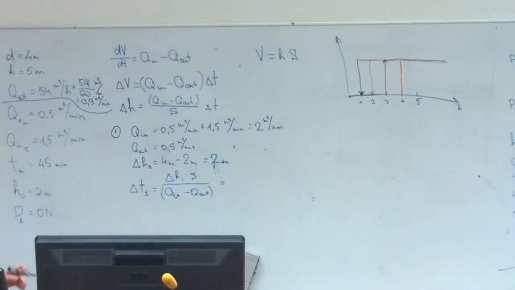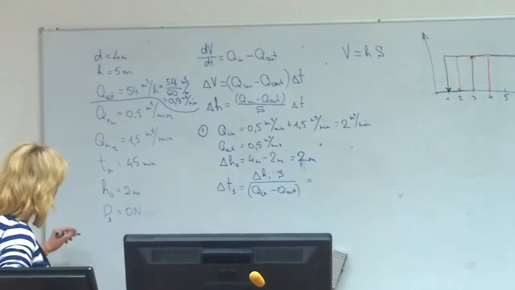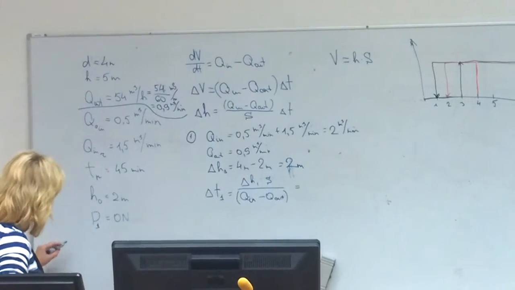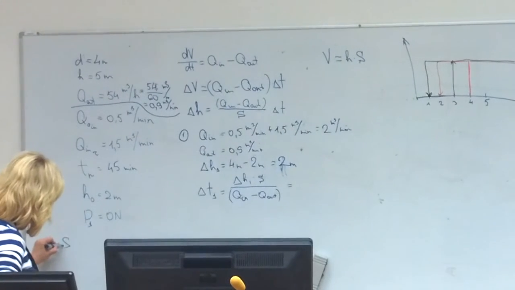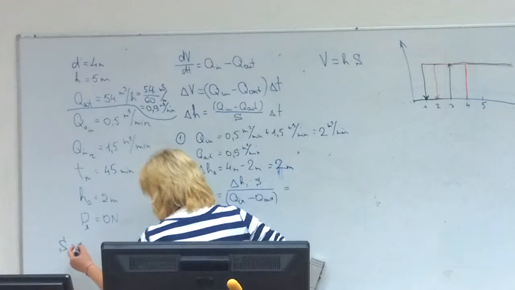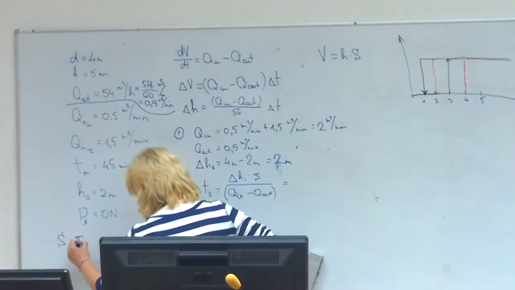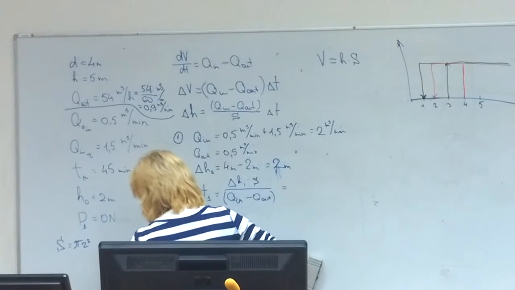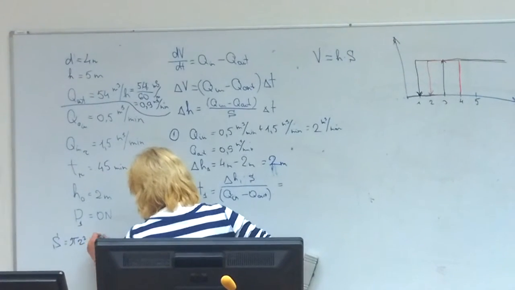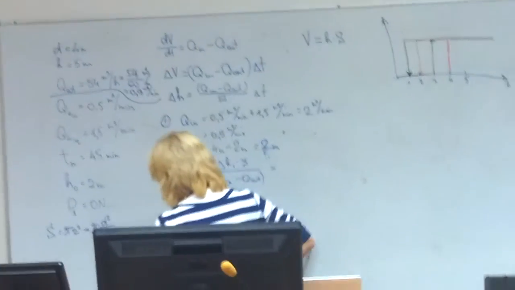So in that case, I need to know the area of our tank. So the area of the tank equals pi R squared, or pi diameter squared divided by 4.